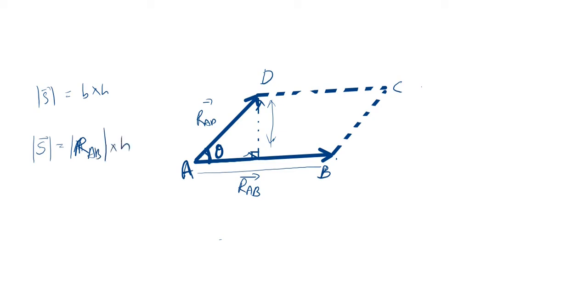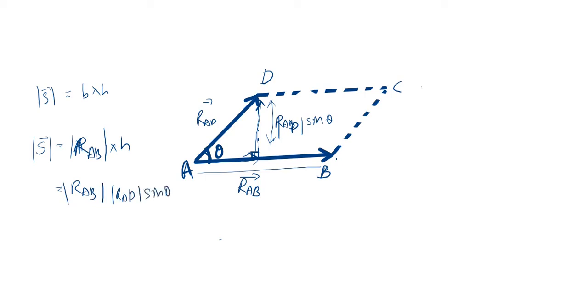Now from this triangle, the adjacent side will be the cos theta component and the opposite side will be the sin theta component. So I can say that the length of RAD, sin theta, will be the length of height. So can I write it is RAB into RAD sin theta.